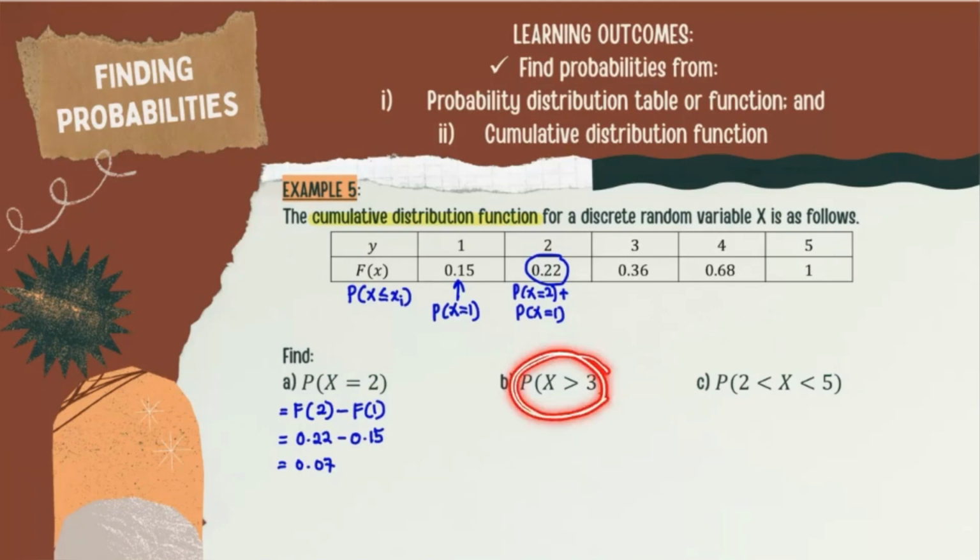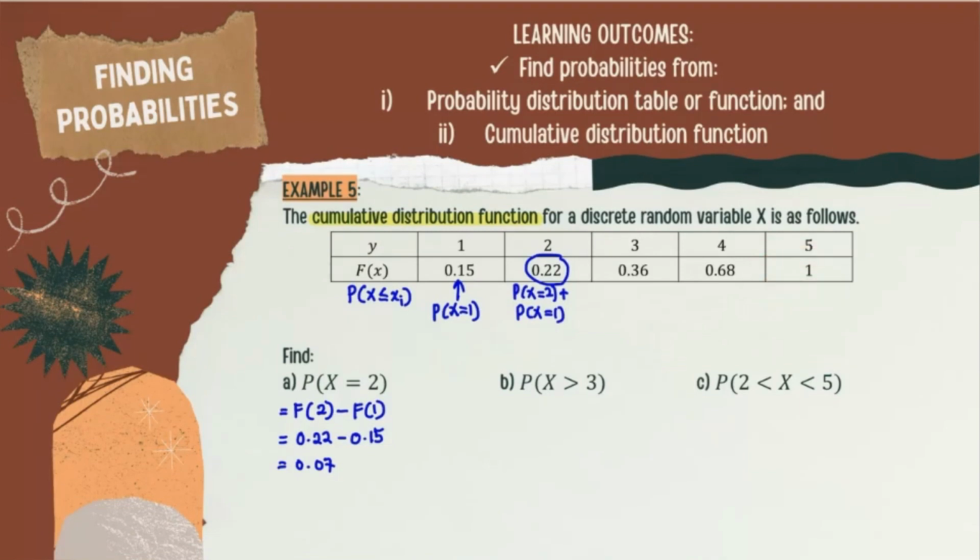Now, kita try yang ini pula. X greater than 3. X greater than 3, dia tidak termasuk 3. So, dia nak 4 dan 5. Itu kalau dia adalah probability lah. Tapi sekarang ni table kita adalah CDF. Okay. So, kalau dia adalah CDF, so Y nampak tak kat sini? Okay, kat sini lah. The total probability here will be 1.